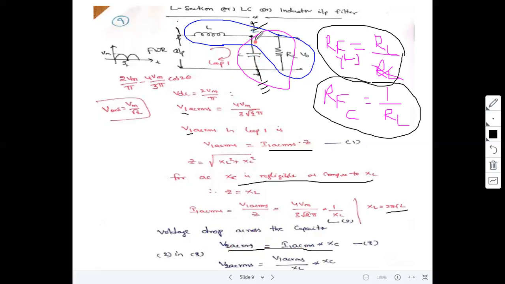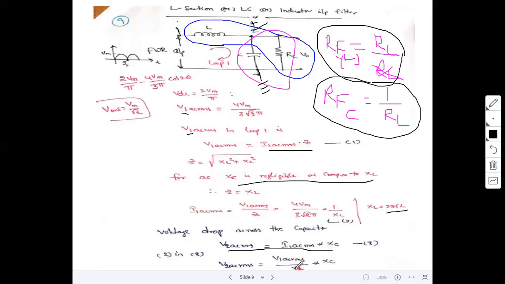V2, because here the capacitor is connected at node 2. V2 AC RMS is equal to the current flowing in this loop, I1 AC RMS, into XC, this reactance. Now what is I1 AC RMS? Already I1 AC RMS is V1 AC RMS by Z, that is XL, right?